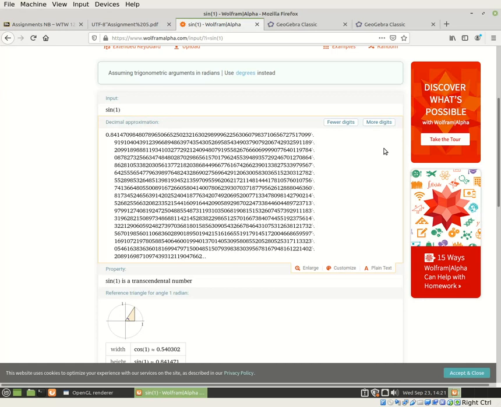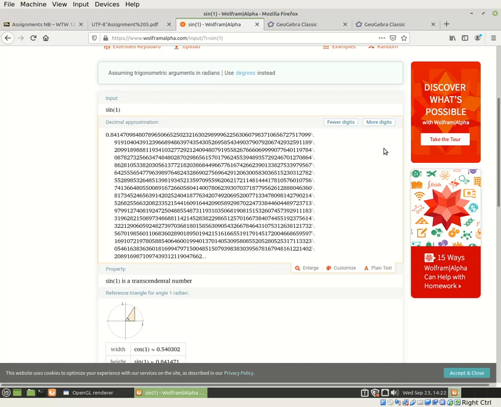Okay, so it appears to be some kind of magic. Somehow, magically, the computer is able to work out what the digits of the sine of 1 are, even though it is an irrational number. So the decimal representation for the sine of 1 continues infinitely, and somehow we are able to compute what these numbers are.